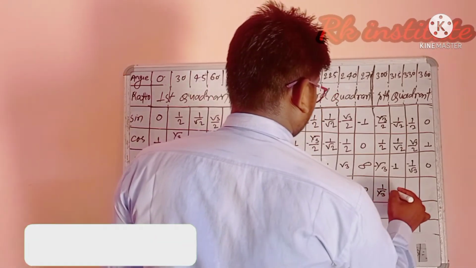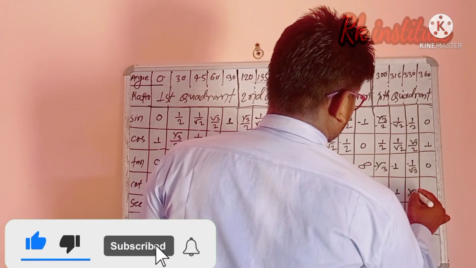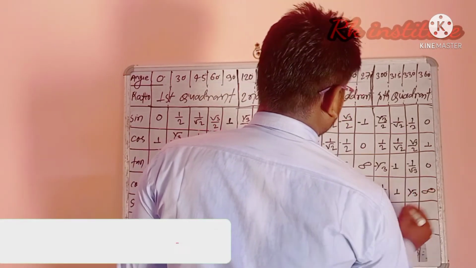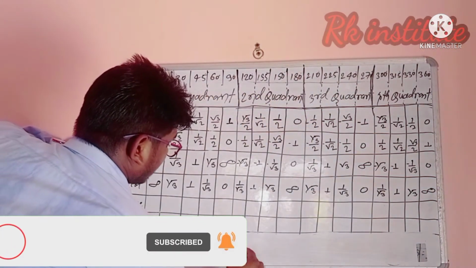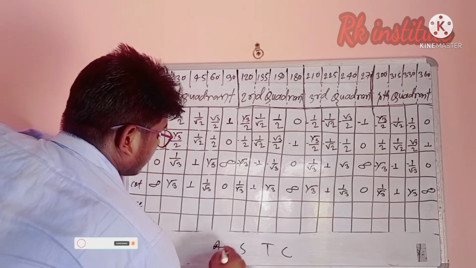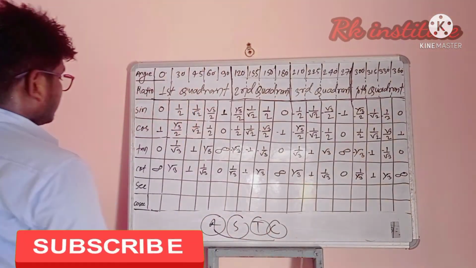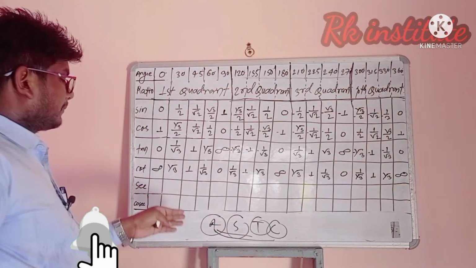Root 3, 1, root 3 and infinite. And for cot, in the ASTC, the first is positive and in the middle it is negative.